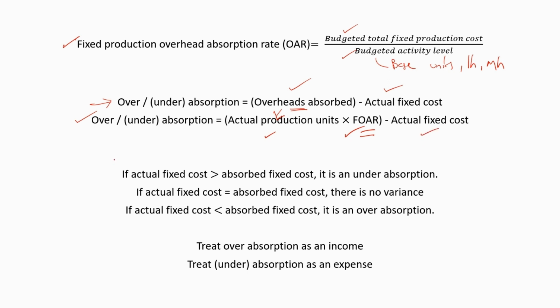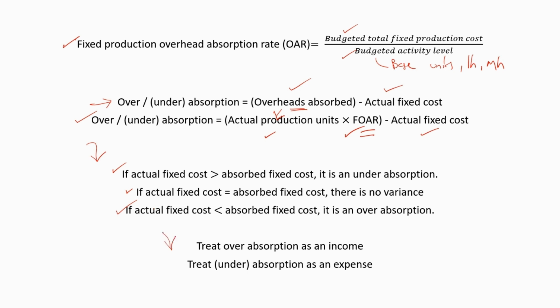There are three instances under over or under absorption. If actual fixed cost is higher than the absorbed fixed cost, it is an under absorption. If actual fixed cost is equal to the absorbed fixed cost, there is no variance. If actual fixed cost is less than the absorbed fixed cost, it is an over absorption.